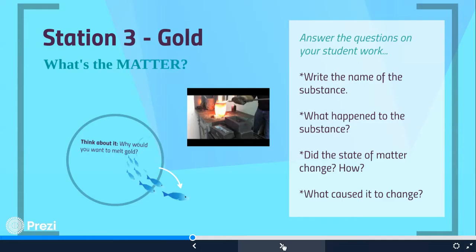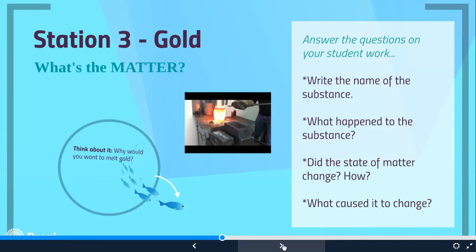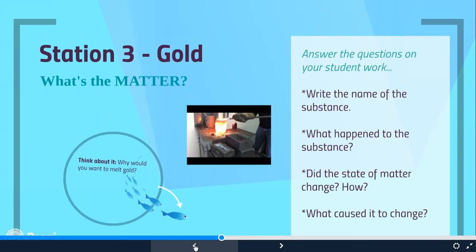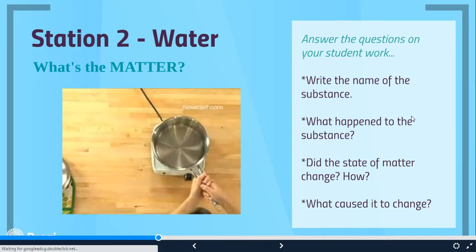So let's go ahead again and in your notebook, answer these questions. You're going to write the name of the substance. Then you're going to write what happened to the substance. And you're going to answer the same questions. Write the name of the substance.